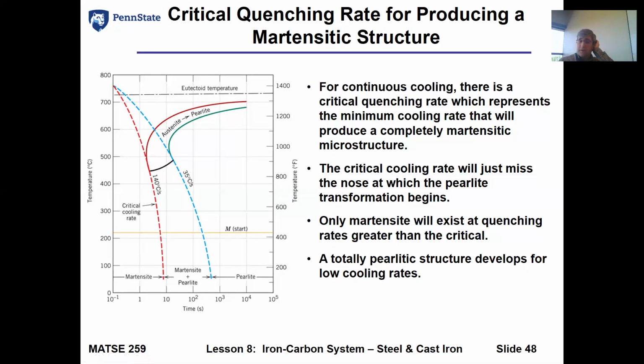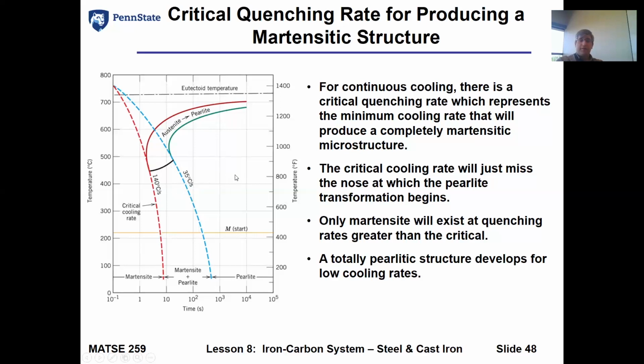That's another important consideration, because there are significantly different material properties between a 100% pearlite and 100% martensite structure in this eutectoid steel. If we're at cooling rates below 35 degrees C per second in this case, and these rates are just specific to this alloy, we tend to have a purely pearlitic structure.